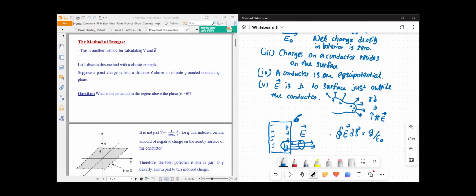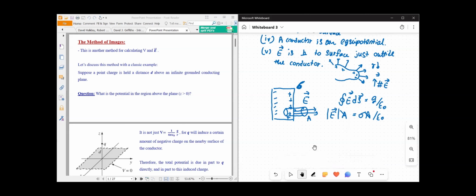And if I say the area of this surface is A, then the magnitude of the electric field, so E dot dS surface integration, surface area is A, is equal to, now the charge density is sigma, therefore the total charge covered by this Gaussian surface will be sigma times A over epsilon naught. So the area cancels out. Then we have the magnitude of the electric field there equal to sigma over epsilon naught.